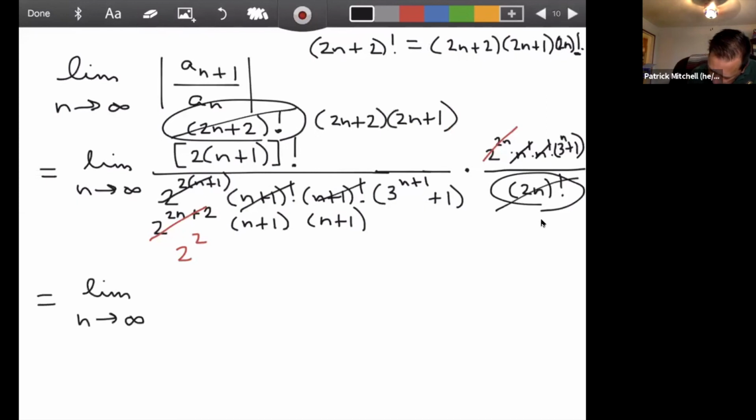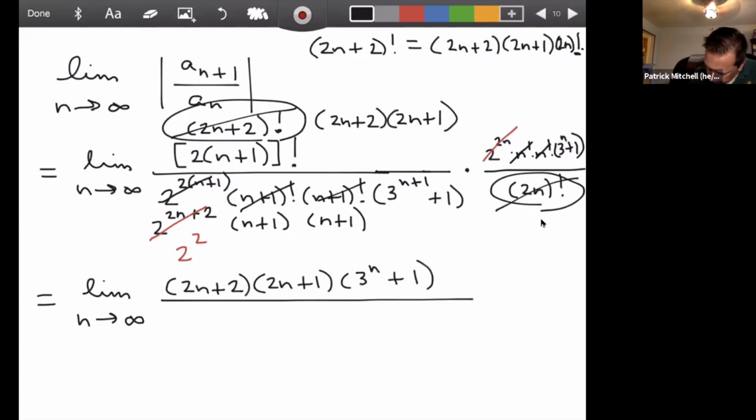Looks like 2n plus 2 times 2n plus 1 times 3 to the n plus 1 over 2 to the second times n plus 1 squared times 3 to the power n plus 1, add 1.